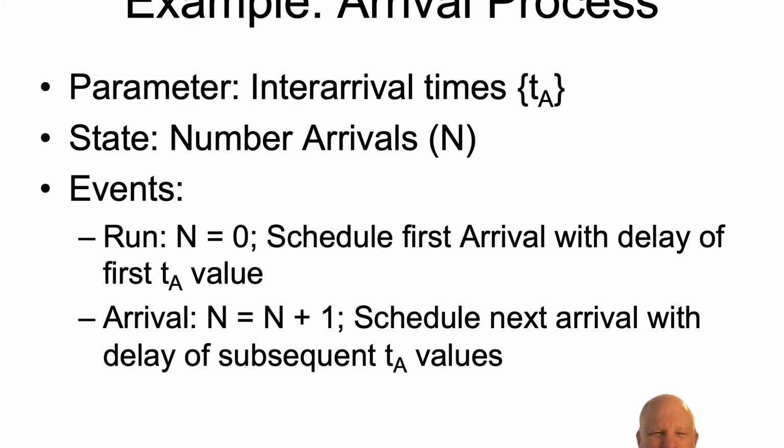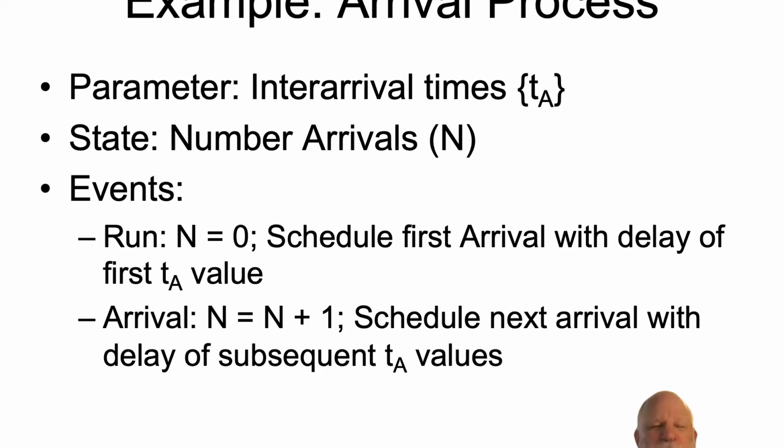And then the second event, or actually really the first real event, I'm going to call arrival. And its state transition is n equals n plus 1. In other words, every time there's an arrival, I have one more that I'm counting. That's the state transition. I mean, rocket science, right? And it will simply schedule the next arrival with a delay of the subsequent t sub a values.